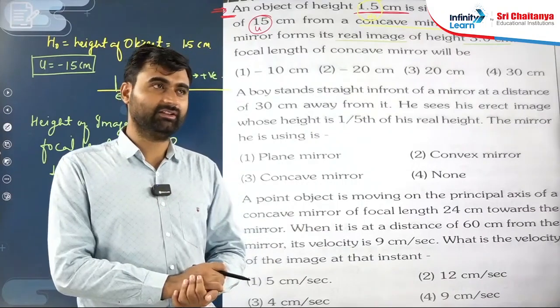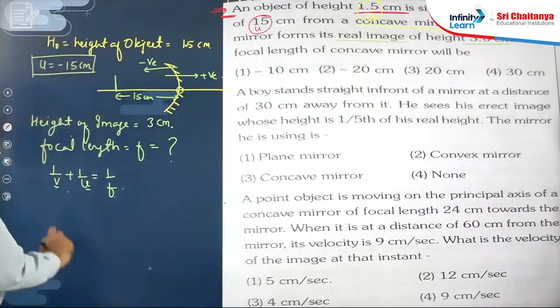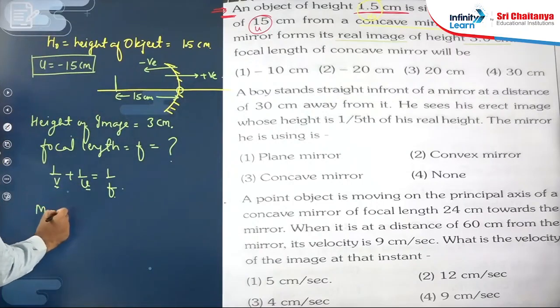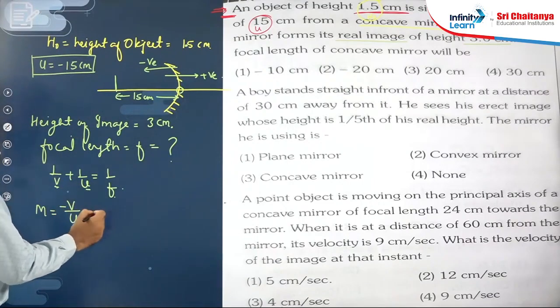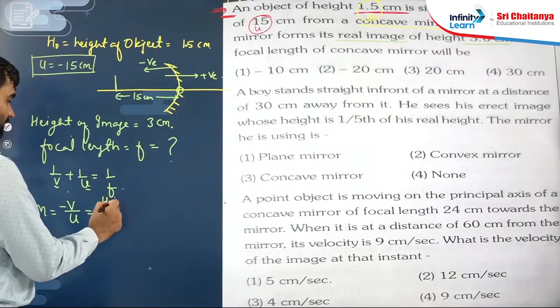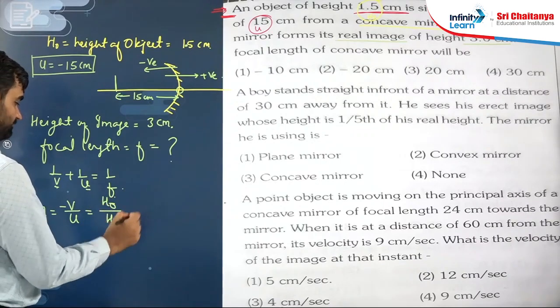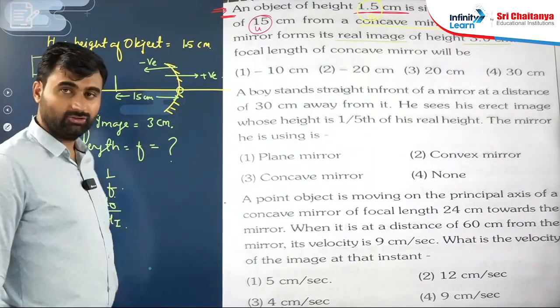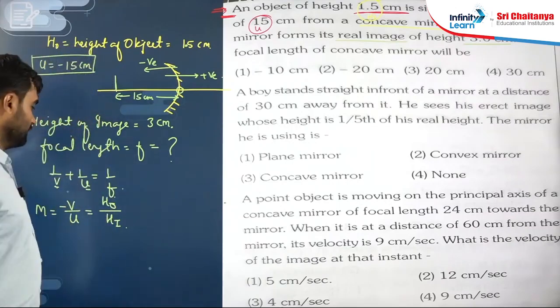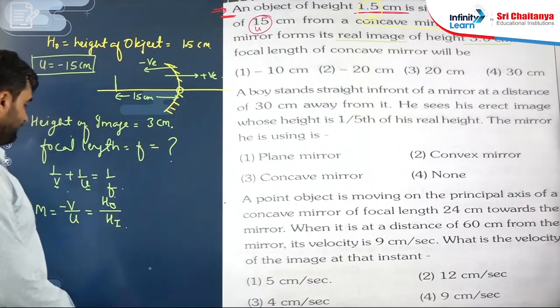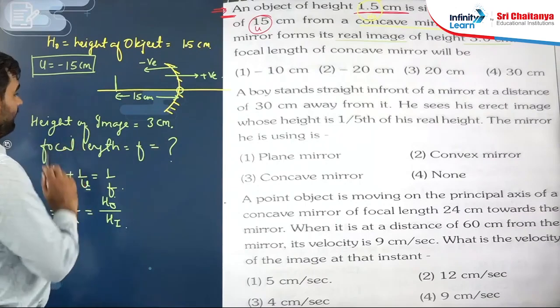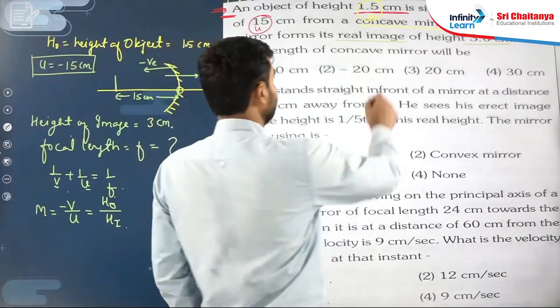Magnification formula we also know, that is minus V by U, and this is height of image by height of object. Agree or not?